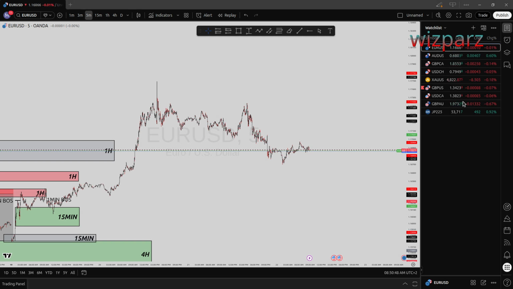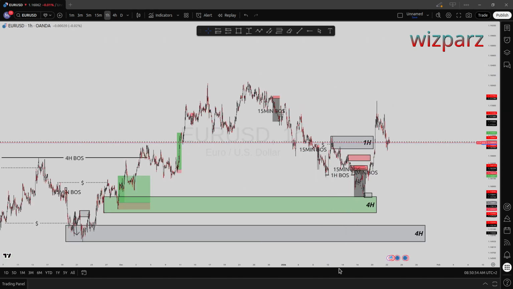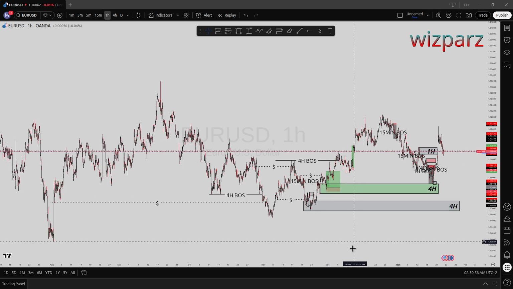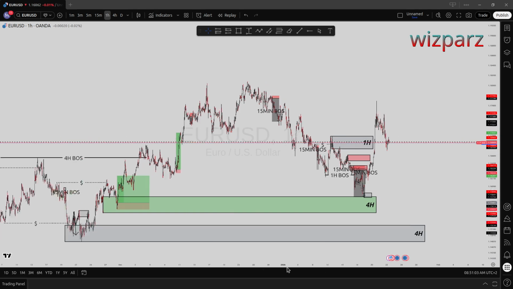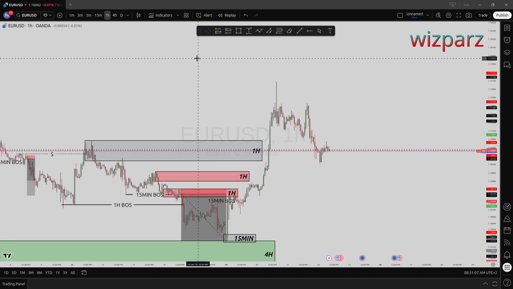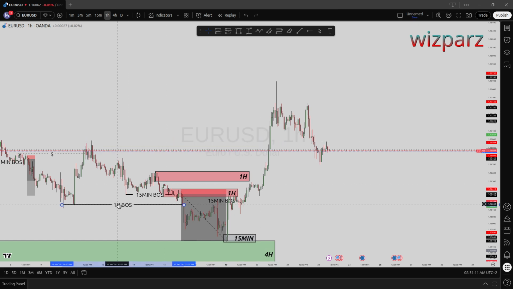We are going to start with EU. First thing you have to do is to check for market direction. As you can see, we are in 4-hour trend and price has retraced back to this major demand area of 4 hour, and from here we have seen 1 hour change of character.